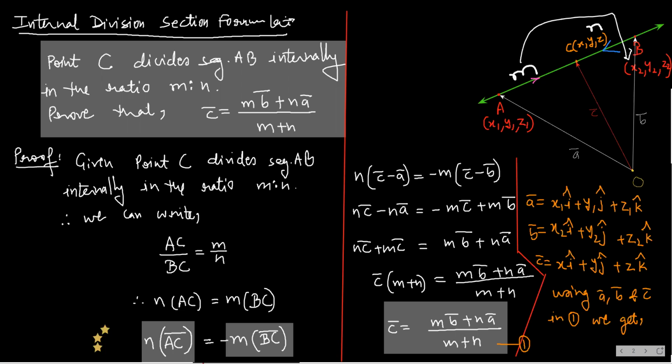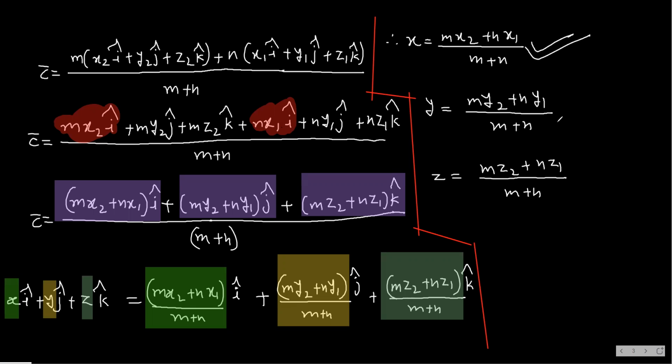Is it not the same as what we had done for 2D? Yes, there also the x coordinate was this only, and y was this only. The only thing is we did not have the z coordinate there because that was in the two-dimensional plane. And here we have to take care of the z coordinate. So what is C finally?